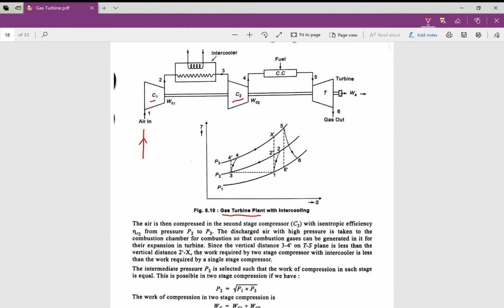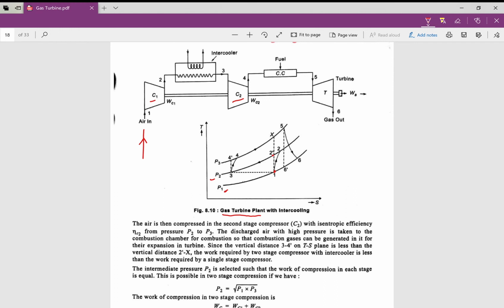It compresses from pressure P1 to P2. So an isentropic compression process is taking place here, from 1 to 2 dash.